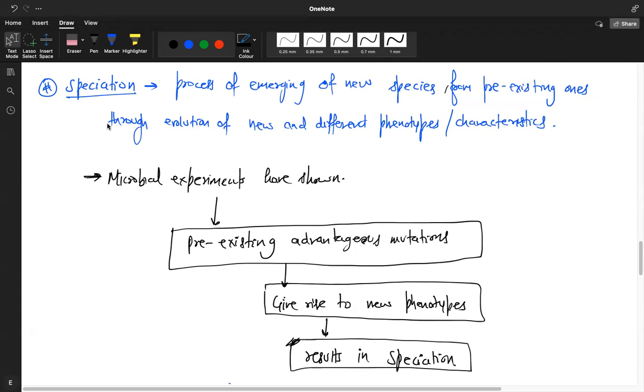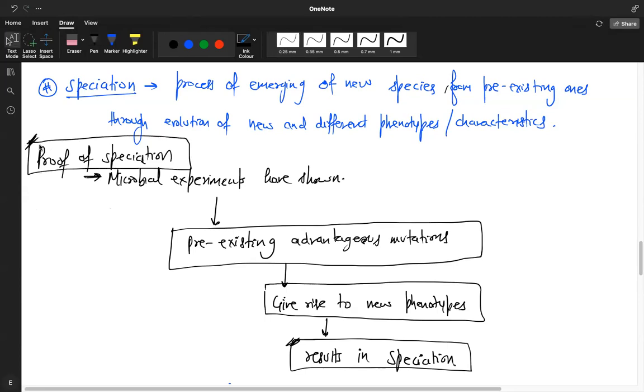How do we know the proof of speciation? Experimental proof we discussed.